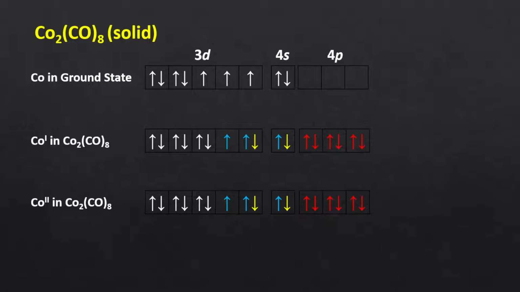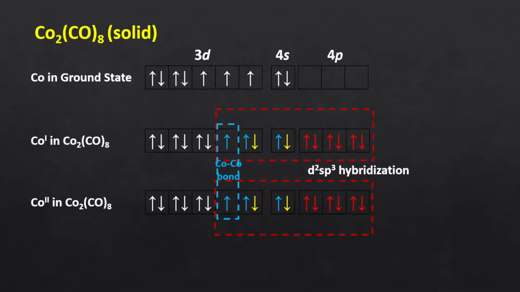The valence electronic configuration of cobalt in the excited state of this complex is 3d8 4s1 4p0. The 4s orbital, 4p orbitals and the d orbital with an odd electron are hybridized to give d2sp3 hybrid orbitals. One d2sp3 hybrid orbital with an odd electron gets paired with cobalt-cobalt bond formation.